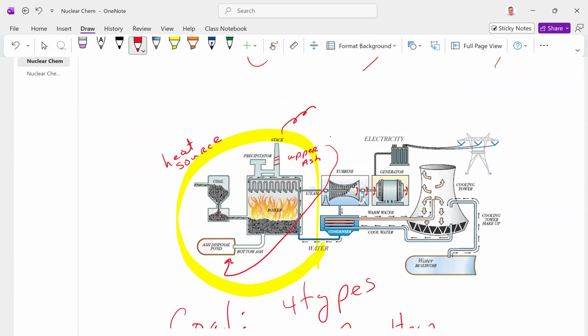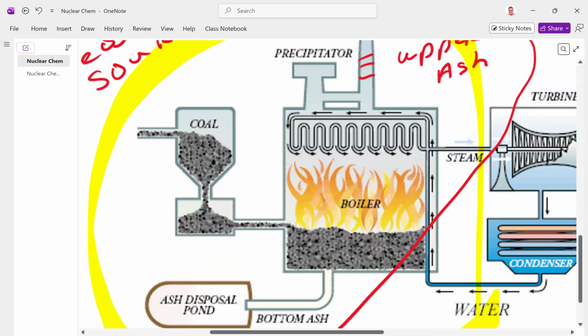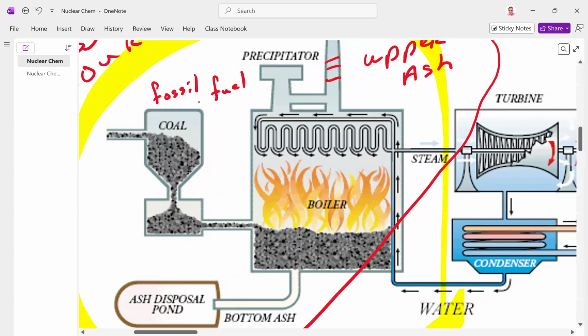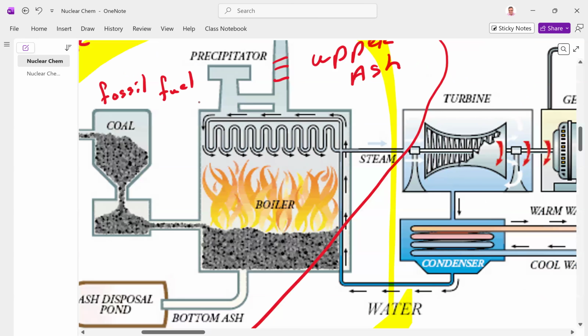Okay, so let's home in on that. So we've got some kind of a fossil fuel here. Illustrated with coal here, but again, it could be natural gas or oil. Basically it's a fossil fuel. That's burned, and it's burned to heat water. And where does the water come from? The water comes from some source.